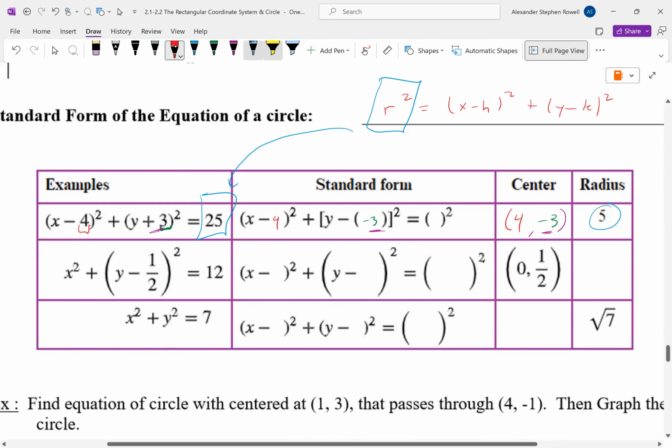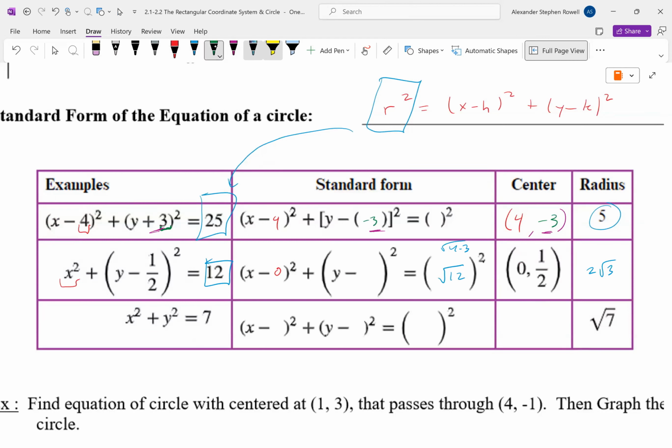All right, this one, what is the radius? If r squared is equal to 12. Very good. It's the square root of 12, which we can simplify to square root of 4 times 3, which is 2 root 3. Where is this centered? If I have x squared, it really means x minus 0, y minus 1/2.